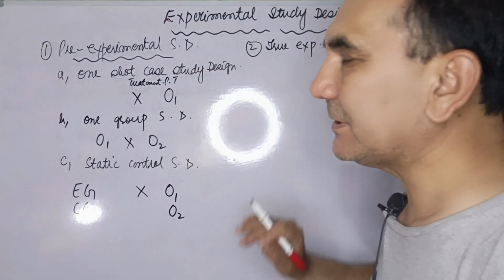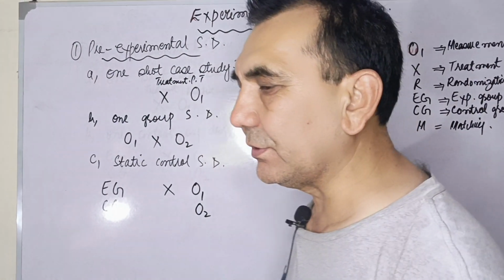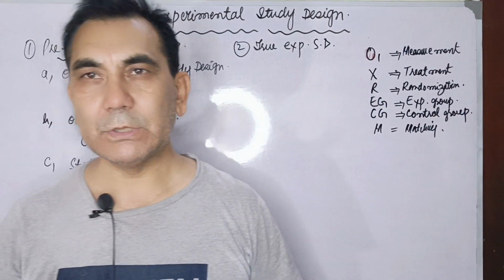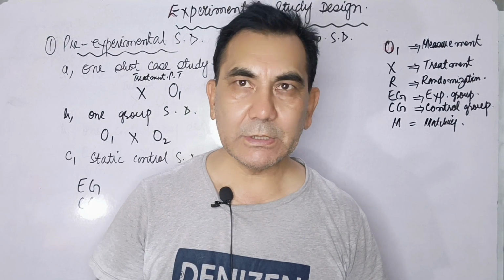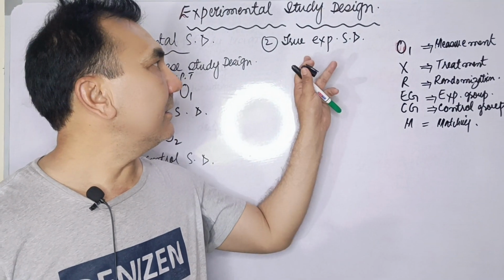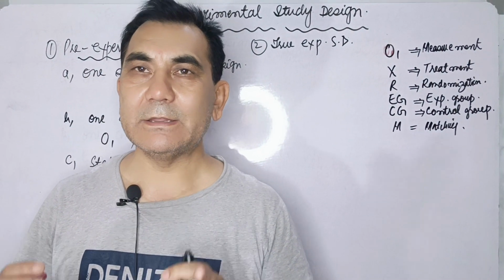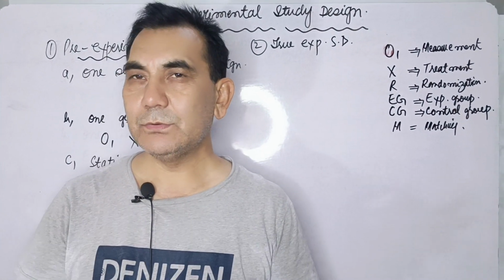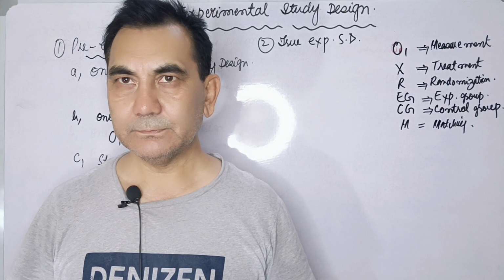Now in the true experimental study design, the researcher uses two groups. One is called the experimental group, and the second one is called the control group. And the researcher always uses the randomization method.